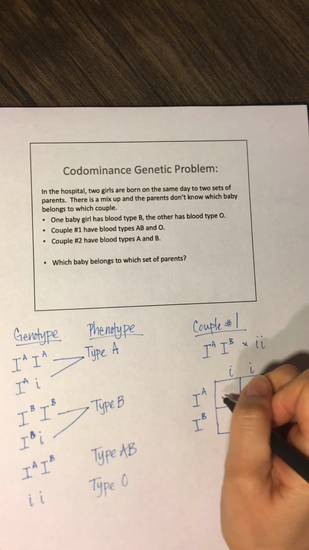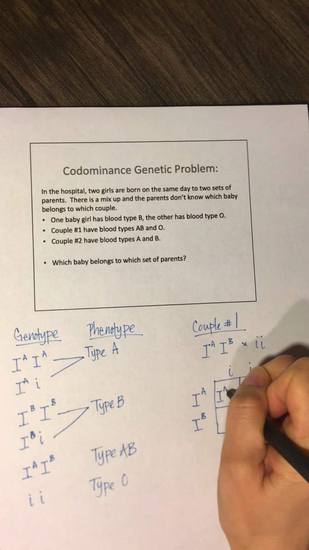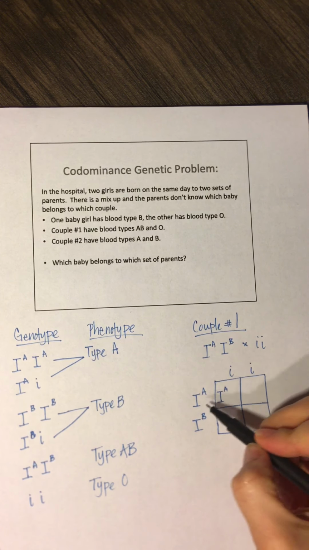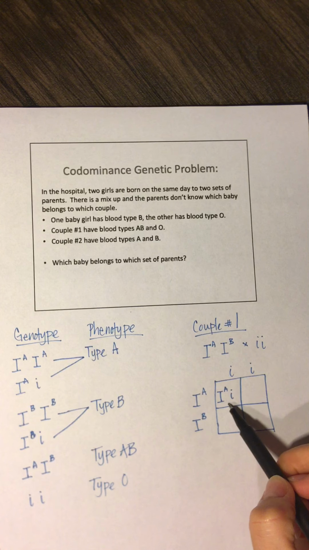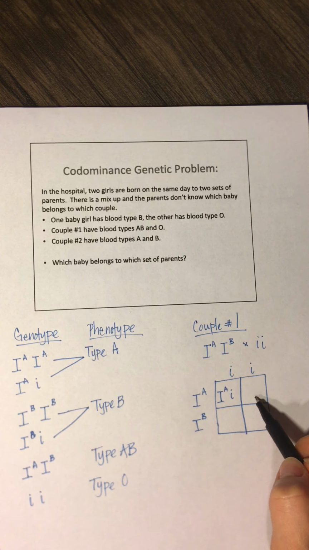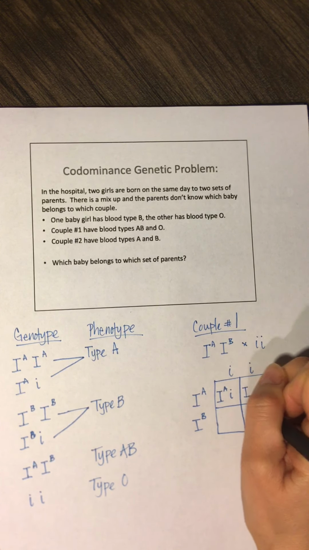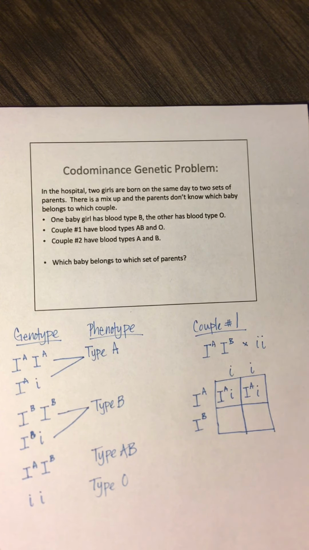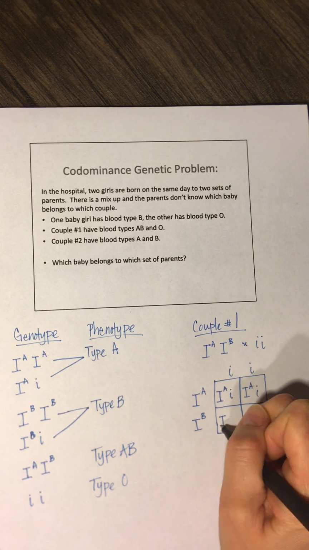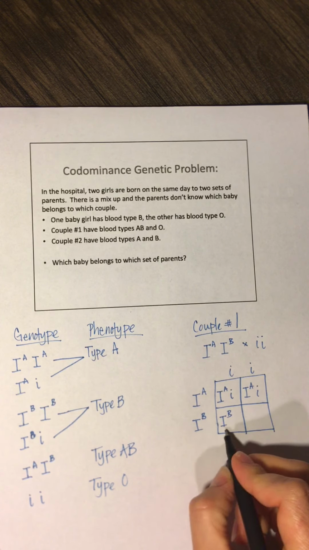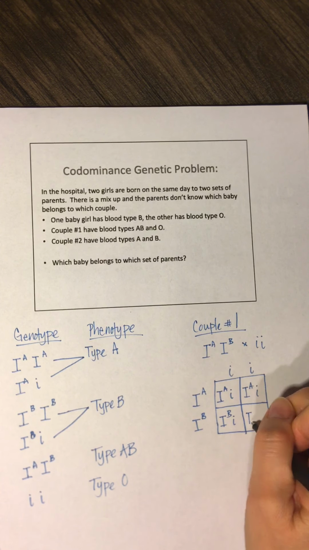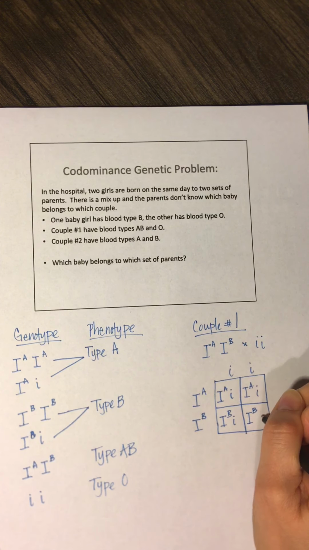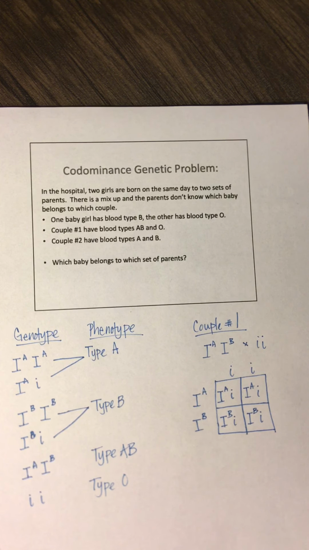This first quadrant will inherit the A allele from this parent and the lowercase i allele from that parent. This quadrant, same thing. It'll have an A allele and then that lowercase i. This quadrant inherits the B allele and the lowercase i, and same with this last quadrant, B allele and lowercase i.